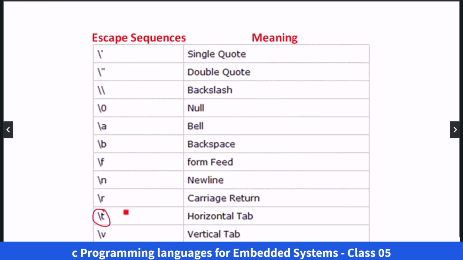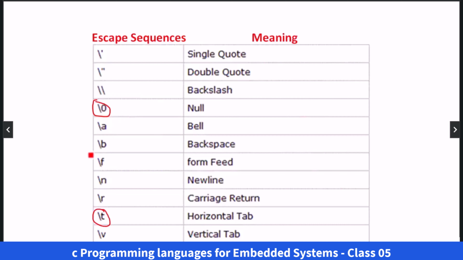For example, \t is used for inserting a horizontal tab. A tab is nothing but a collection of 4 spaces. Also \0 is considered a null character. More on that we'll see later when we talk about strings.